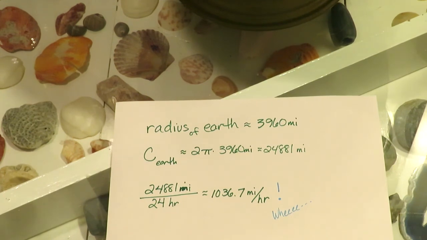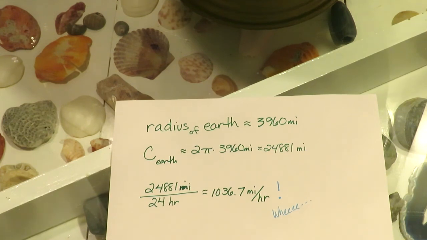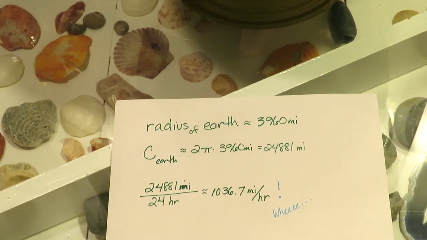That reduces to a little more than 1,000 miles per hour, 1,036.7 miles per hour. So we're going pretty fast. If you're north or south of the equator, you're not going quite as fast because your circle is smaller, but still we're all moving pretty fast, so we can all scream like Liesel in The Sound of Music.